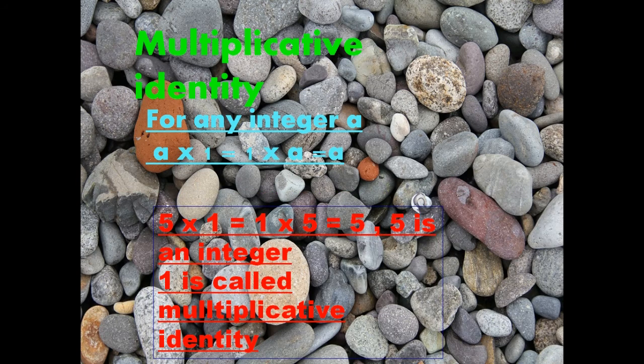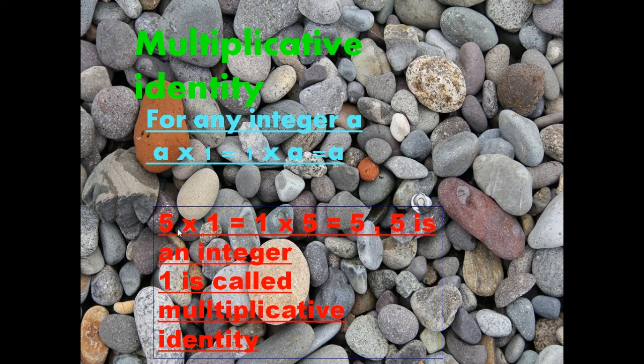Next, multiplicative identity. For any integer a, a into 1 is equal to 1 into a is equal to a. We know that every number multiplied by 1 gives the same number.